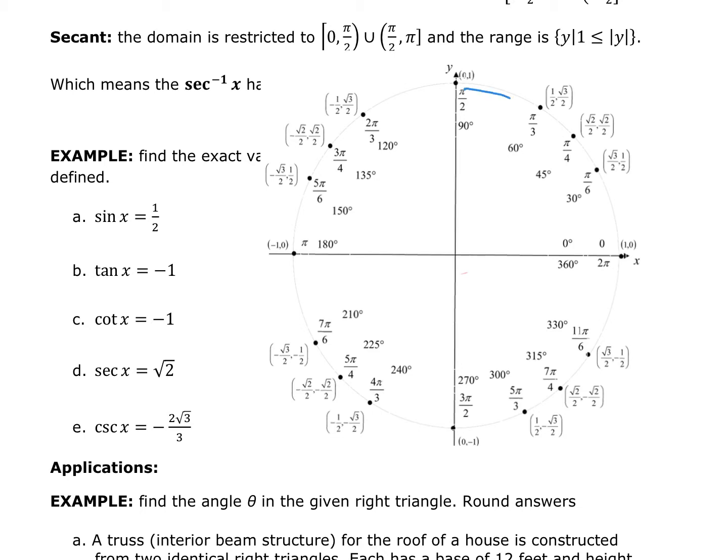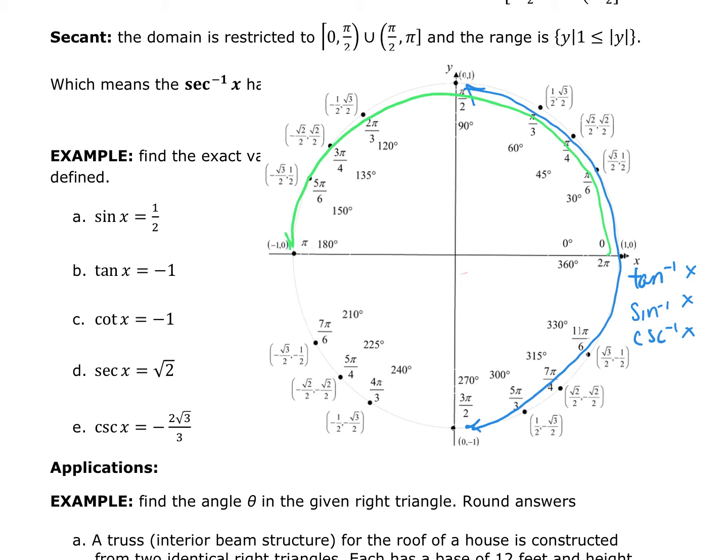Tangent can go from negative pi halves to pi halves. So this is where I get my tangent. This is where I get my sine. This is where I get my cosecant inverse, provided, of course, it's not undefined. Cosine is going to be in quadrants 1 and 2.